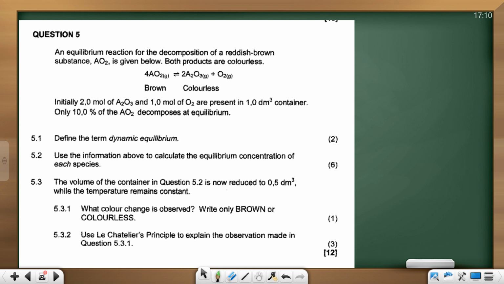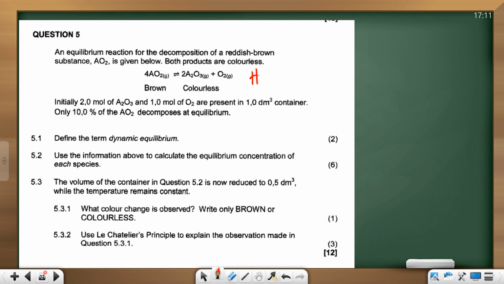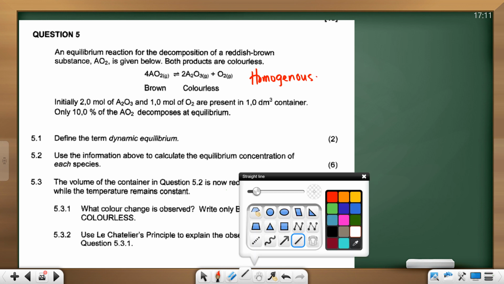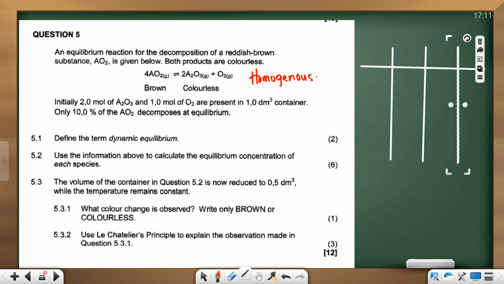All right, an equilibrium reaction for the decomposition of reddish brown is that. Now, it's all gases. Please take note. It's a homogeneous equilibrium. I'm sure you know that because they are all in the same phase. It's homogeneous. Now, quickly, if I were to have my table, please don't write rice, okay? Write it in full. Don't say rice. Examiners are not hungry. Please.